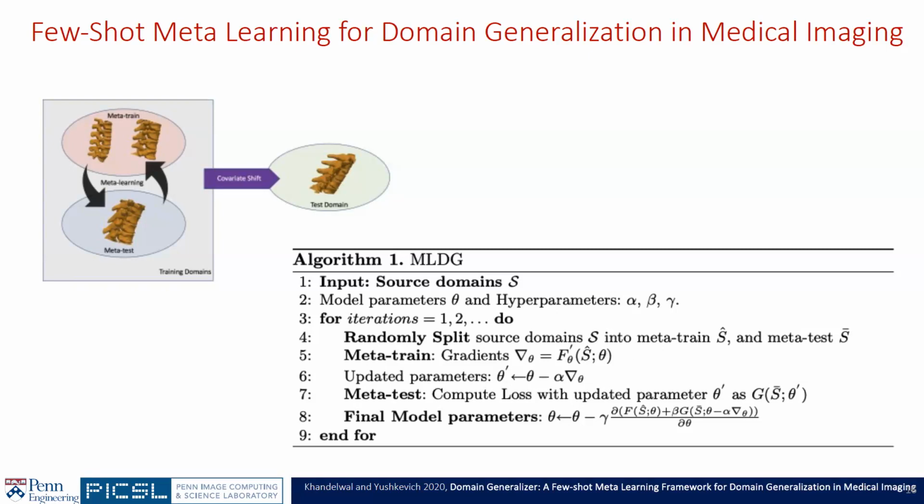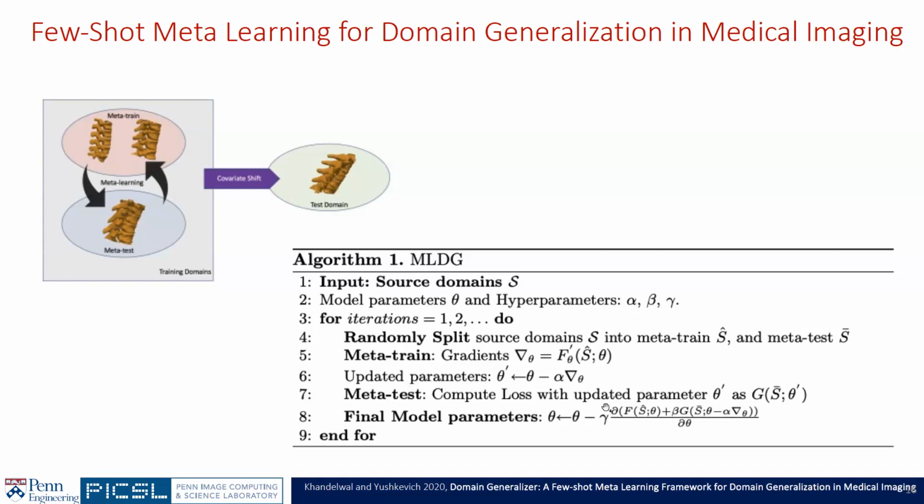Then you do another forward pass with your meta test images. And then now you have two different kinds of gradients, one coming from meta test and one coming from meta train. You just basically have some weighting of these two gradients, and then you use another SGD to update the final model parameters, right?